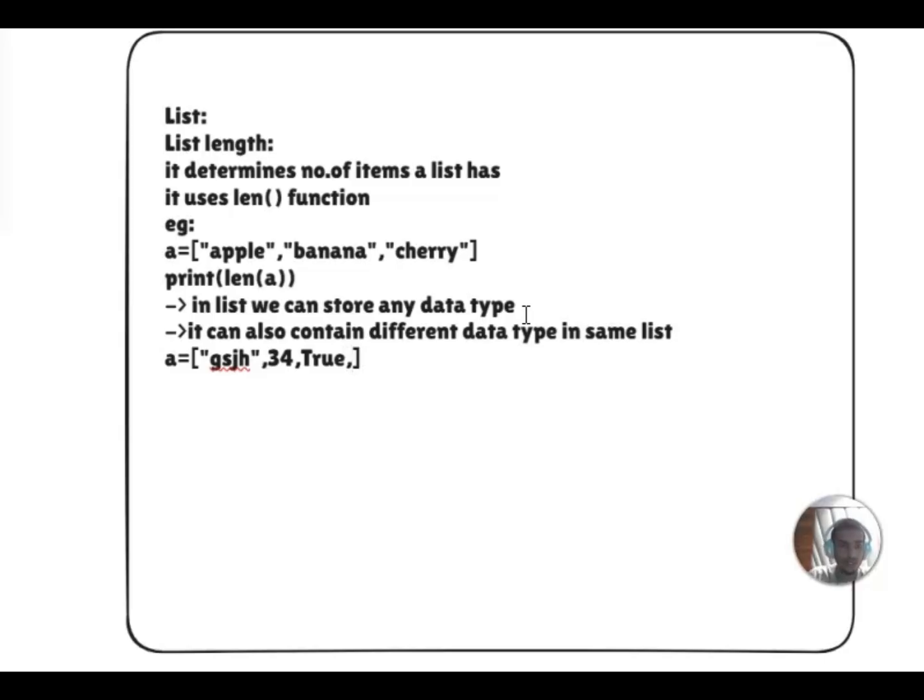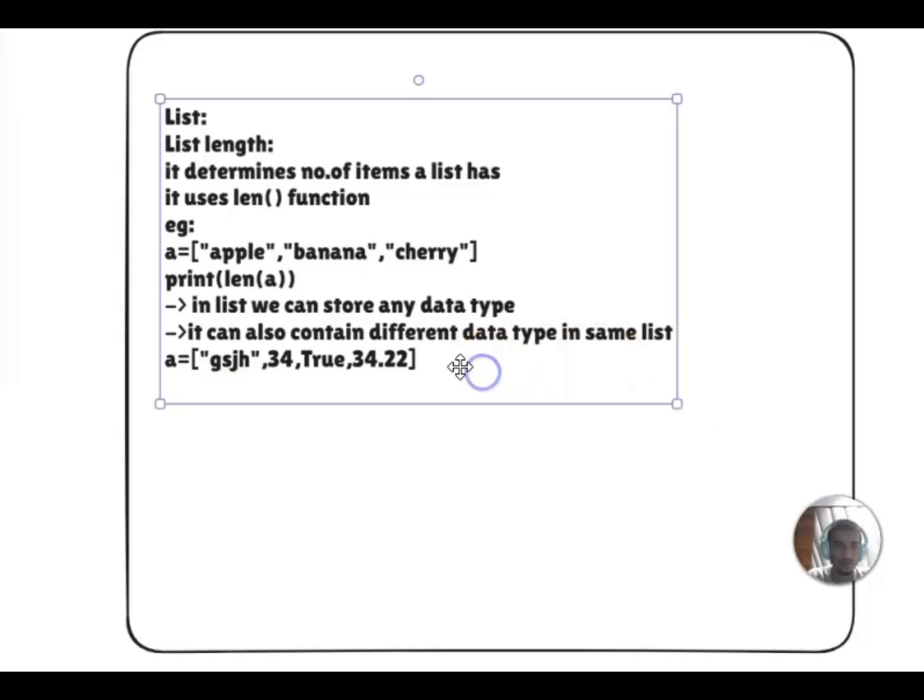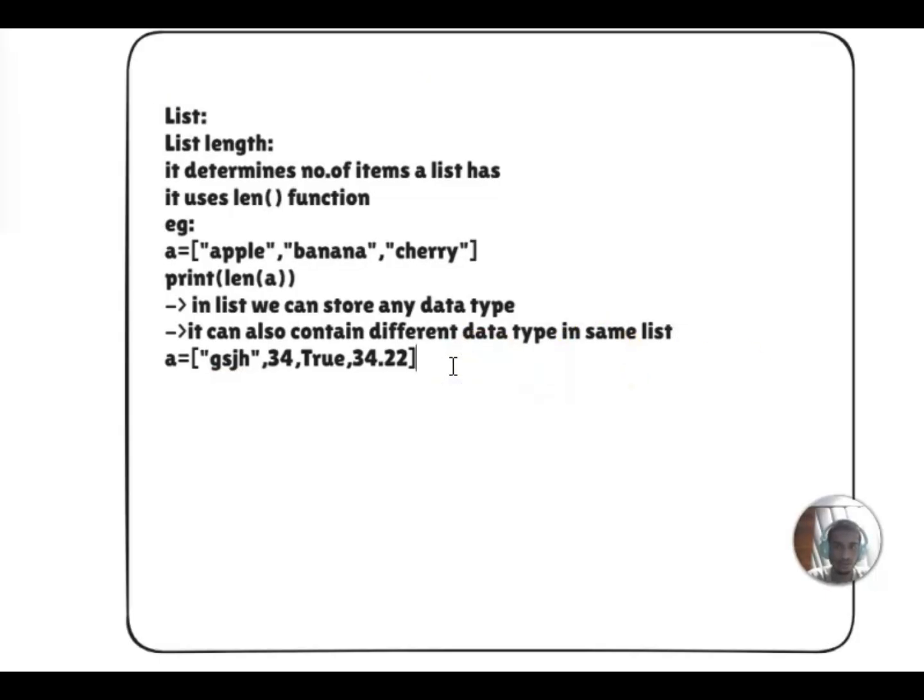It may also contain a float and etc. When you print a list type, let's try to print the type for its variable a.